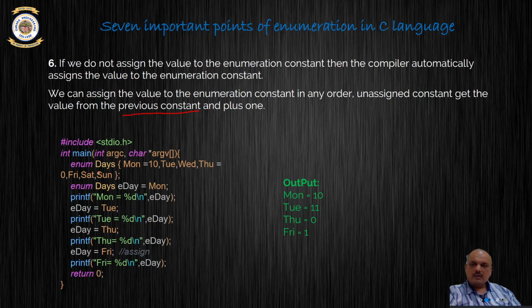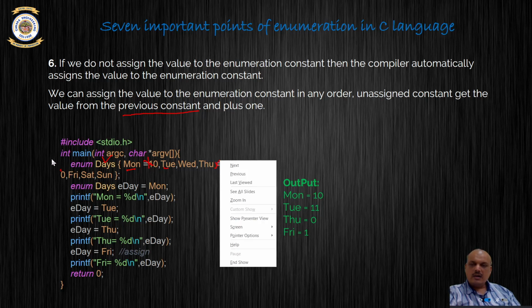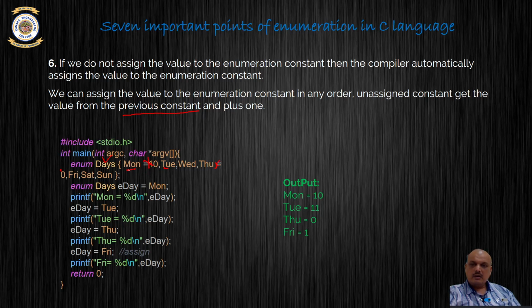For example, here I have an enumerator days with the enumerator constants Monday, Tuesday, Wednesday, Thursday, Friday, Saturday and Sunday. By default, if I had not assigned any values to these enumerator constants, the compiler on its own would have taken the values as 0, 1, 2, 3, 4, 5, 6 and so on.